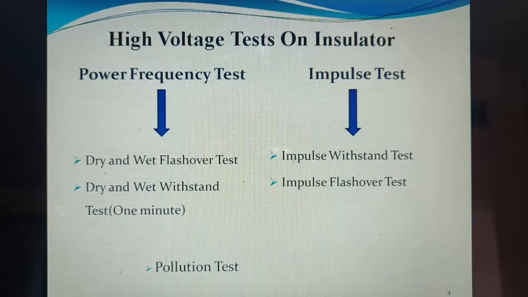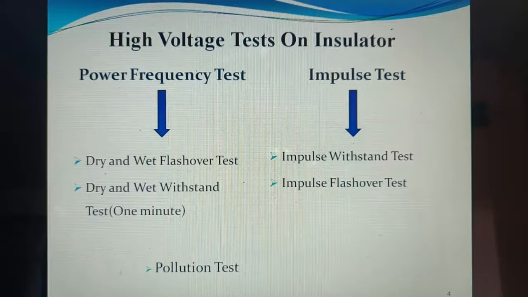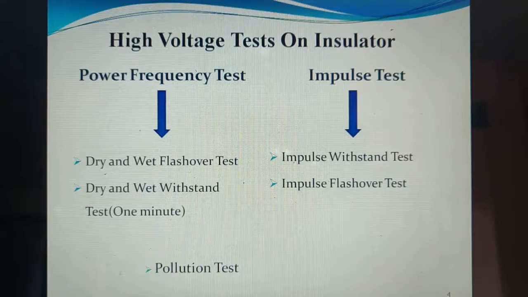The main tests done on insulators are the power frequency test and the impulse test. These are the basic two categories: power frequency voltage test and impulse voltage test. And the third test is generally the pollution test. The power frequency test is done with power frequency voltage, and the impulse test with impulse voltage.